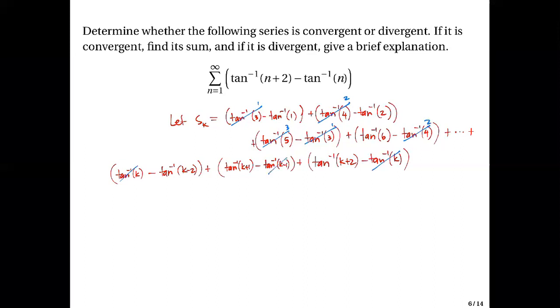This guy here will cancel the term previously. This guy here will cancel the term also previously. But in here, the one that will cancel this guy is the next term in here. And of course, the one that will cancel this guy is two terms after this. So 1, 2.